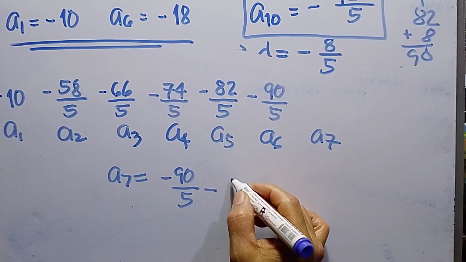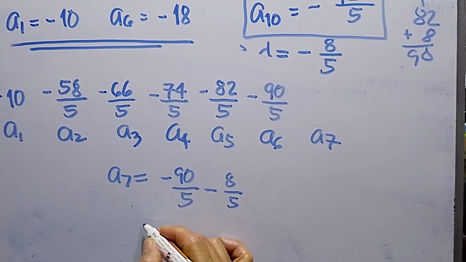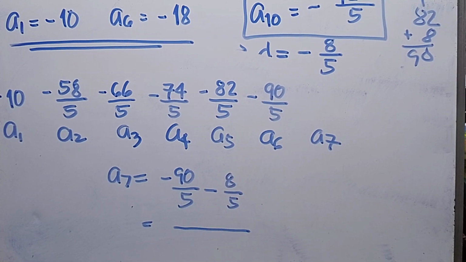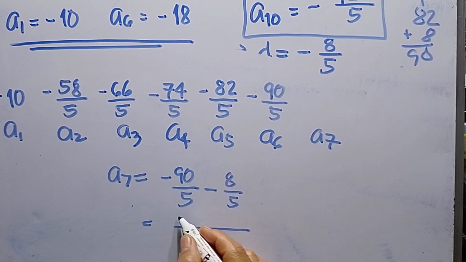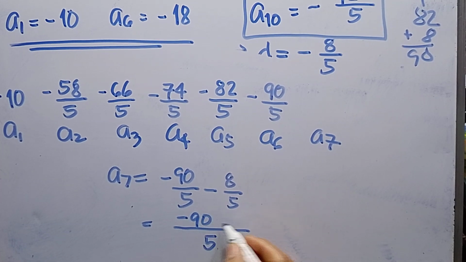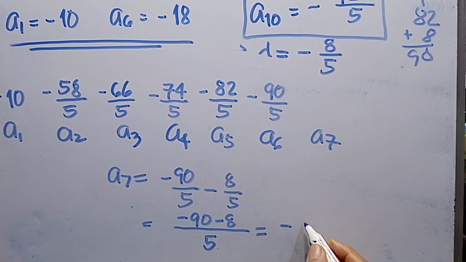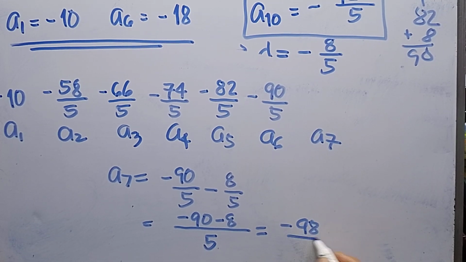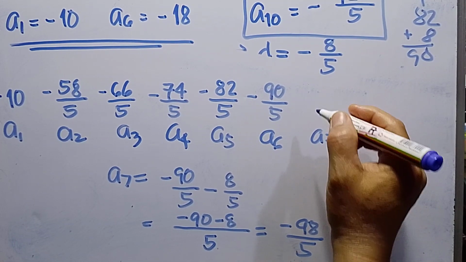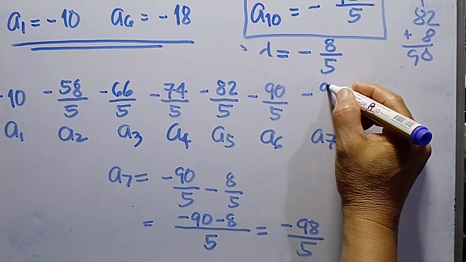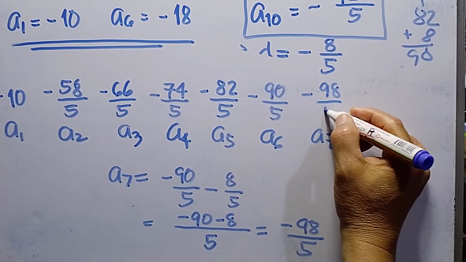So this will be minus 8 over 5. Take note, similar fraction. So take common denominator, which is 5. And then this will be negative 90 and then negative 8. So therefore, this is negative 98 over 5. So that is my A sub 7.